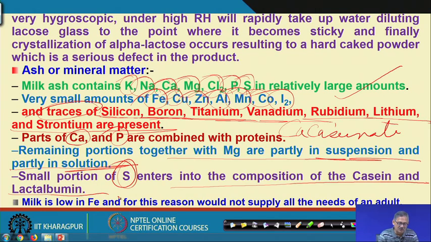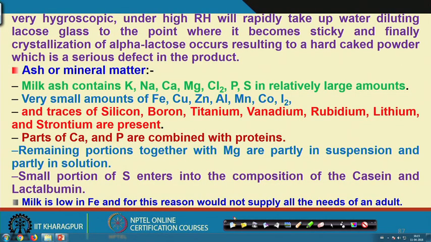Milk is very low in iron, and for this reason would not supply all the needs of an adult, right. That is why milk is not a complete food, because of the deficiency of iron.